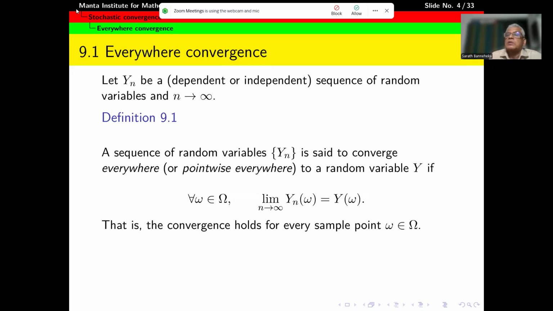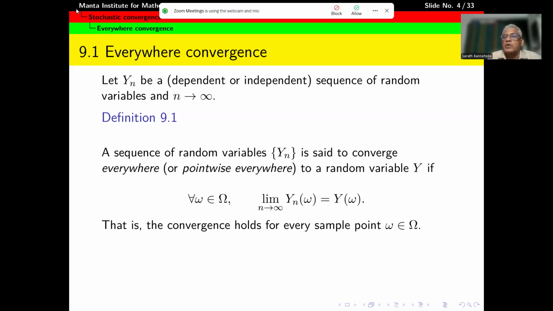Y2 may be another random variable based on two observations, X1 and X2. Y3 may be some function of X1, X2, X3, like that. So we can consider a sequence of functions. Here I denote them by Y, and in some places they are denoted by X also.